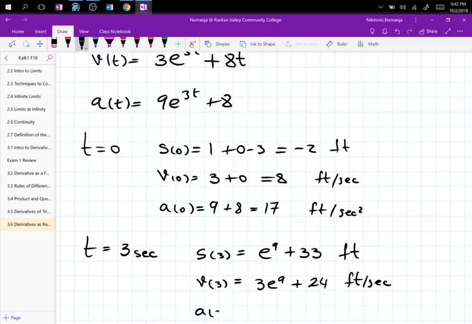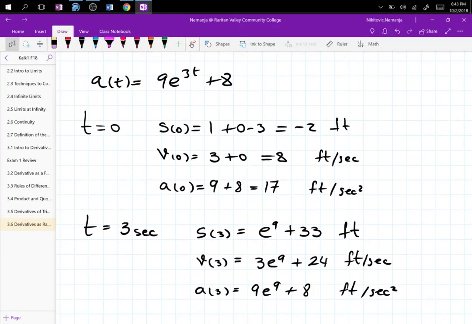And finally, acceleration at 3 seconds is going to be 9e to the 9 plus 8, and that's feet per second squared. So it's very simple to calculate these things. If you have the position function, you take 2 derivatives, and you got your velocity, you got your acceleration, and you go from there.